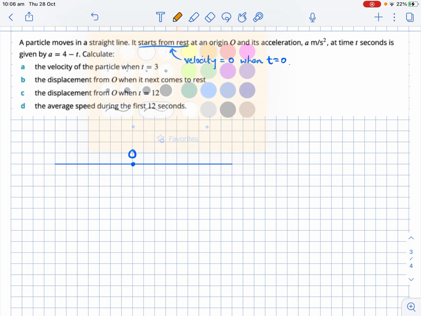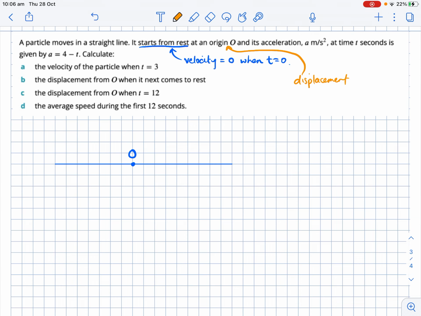And it also starts at the origin, so let's change colours here. It starts at the origin, so we know the displacement equals 0 when t equals 0. And we've got a formula for the acceleration here. Okay, let's just highlight that. So that's going to be my starting point.